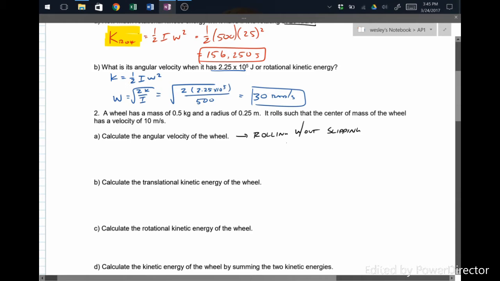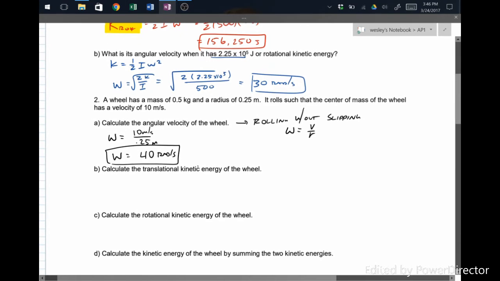This means that we can assume that the angular speed of the wheel is equal to the velocity divided by the radius. That's going to be important. So the angular speed of this wheel is going to be the velocity of 10 meters per second divided by the radius of the wheel, 0.25 meters. And so this angular speed comes out to be 40 radians per second.